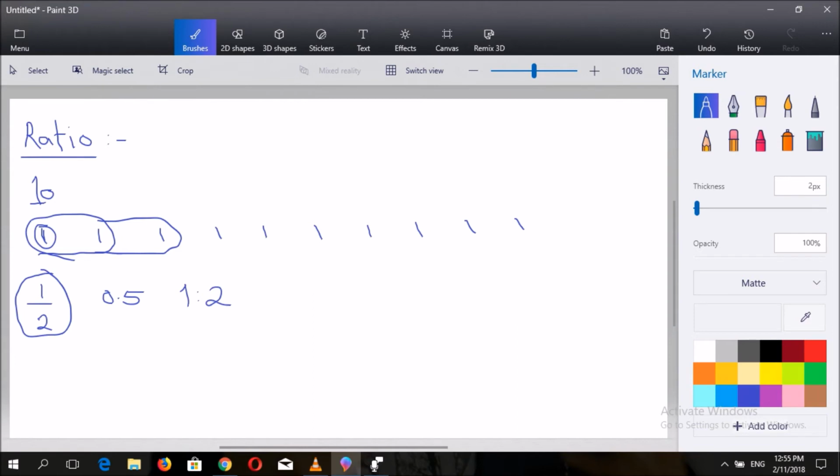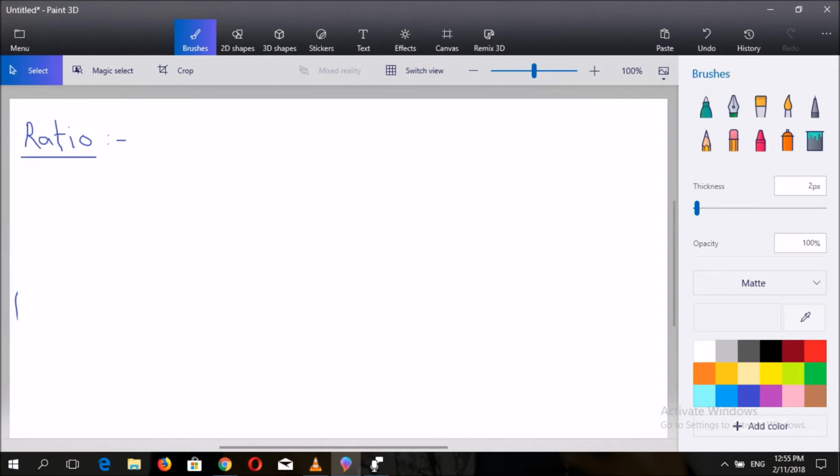Suppose that we have a number 10, and this number 10 is going to be divided into 10 points. So we have 1 2 3 4 5 6 7 8 9 10.